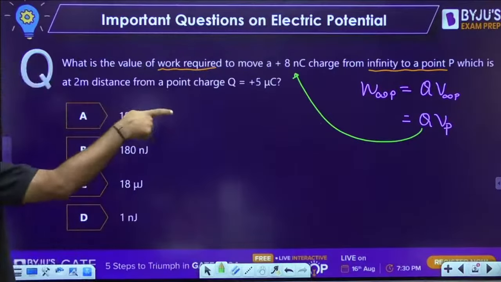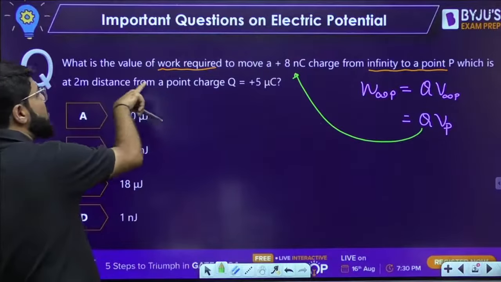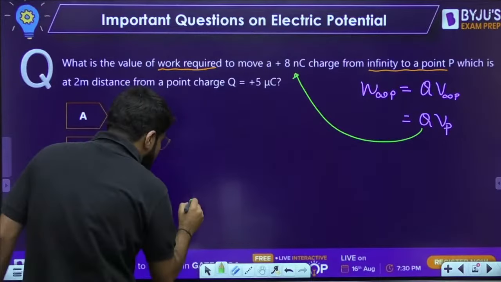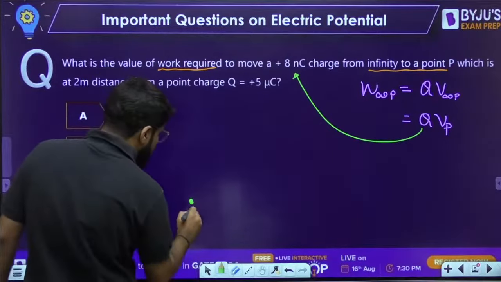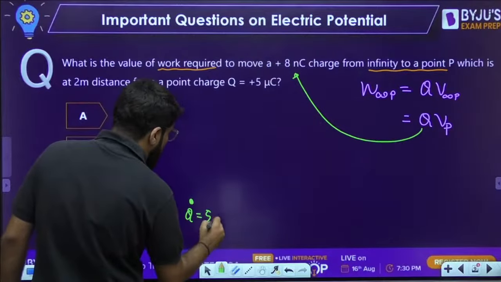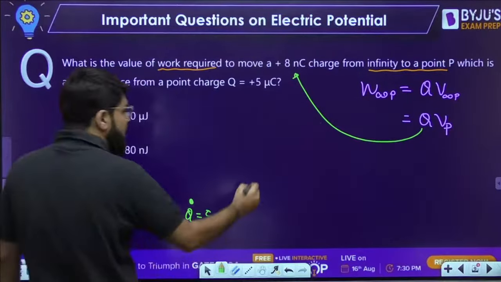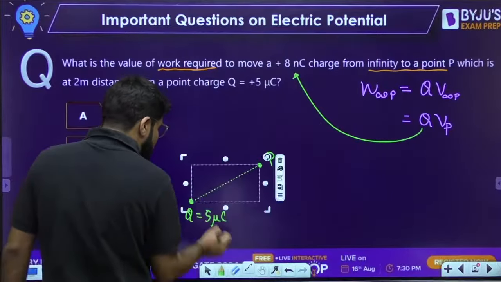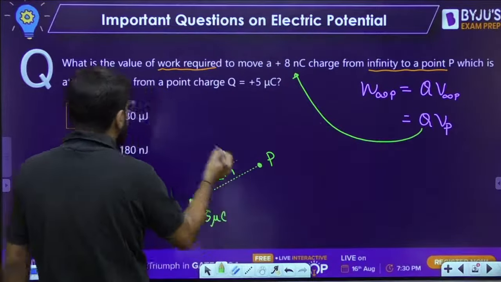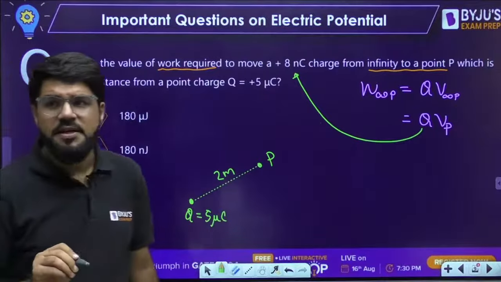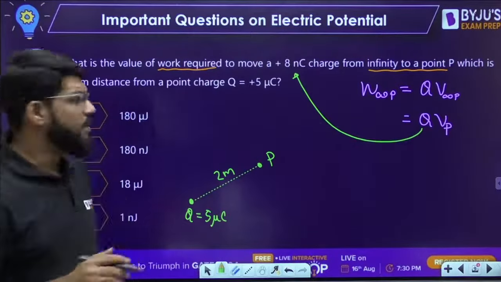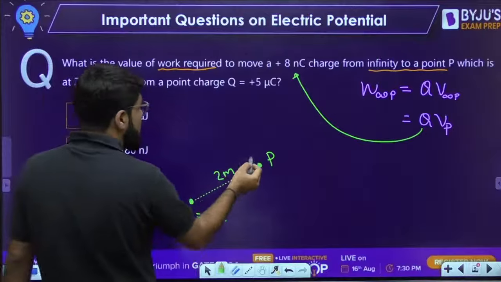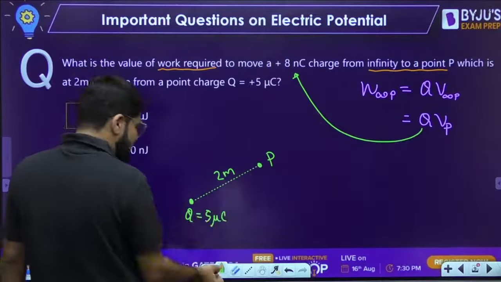So what is the potential at the point P, which is at a 2 meter distance from a point charge? There is a source charge, which is 5 microcoulomb, and there is the point P at the 2 meter distance. Clearly here it is simple because the distance is directly mentioned.